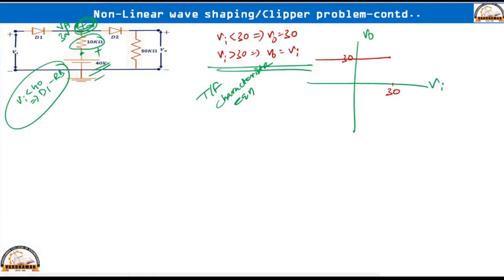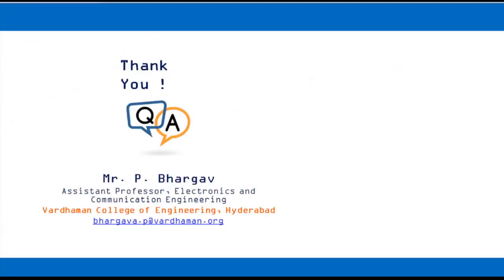But when input is greater than 30, output is equal to input, that means V naught is equal to VA. So, here V naught is equal to 30 volts. That is what we have to observe here. Understand the problem very clearly, then you can easily do all these things. Thank you.